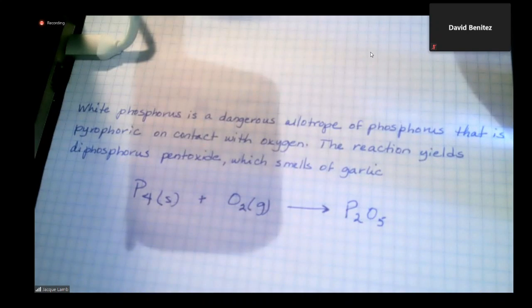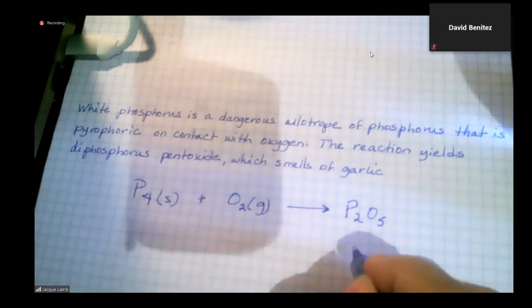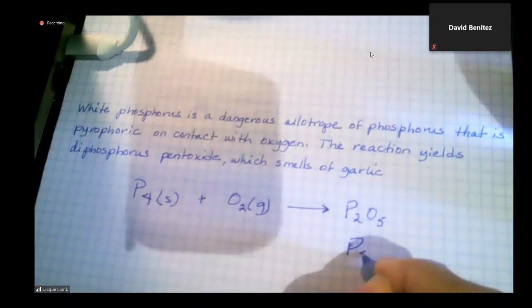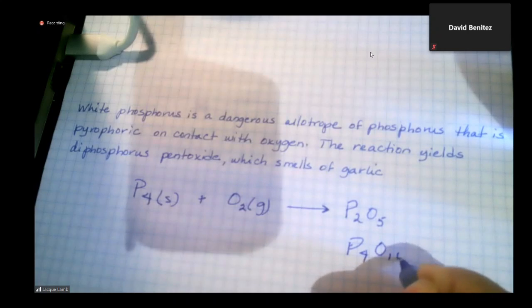Now, that would be based on the name diphosphorus pentoxide, and that is absolutely acceptable. I will accept that completely. However, I will tell you that in this reaction, it actually becomes P4O10.